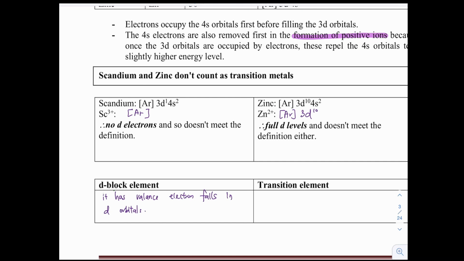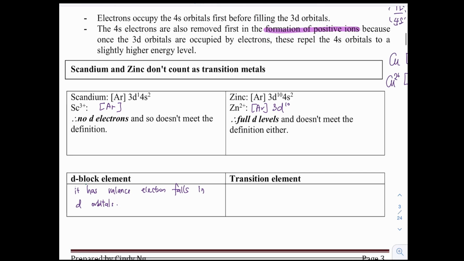That is the definition of D block elements. Whereas a transition element forms one or more stable ions which have incompletely filled d orbitals.